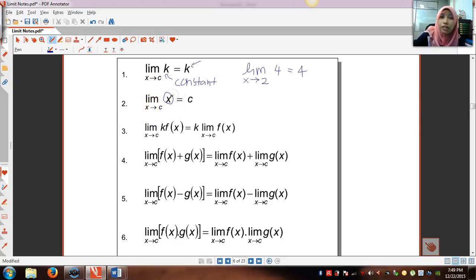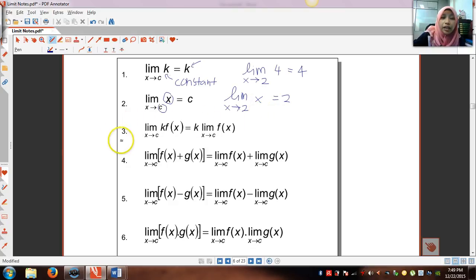So we have one x there. Automatically the value of the limit equals c, because x approaches c. So for example, if we have the limit as x approaches 2 of x, automatically x will be replaced with 2, right?